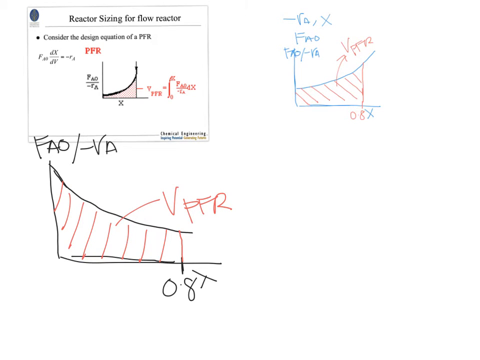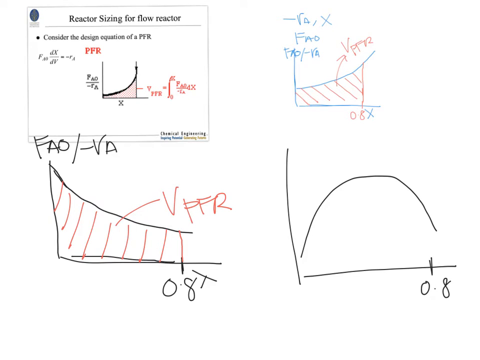Say you have another plot here, something like this, with X at 0.8. So your PFR volume will be all the area under the curve, VPFR.